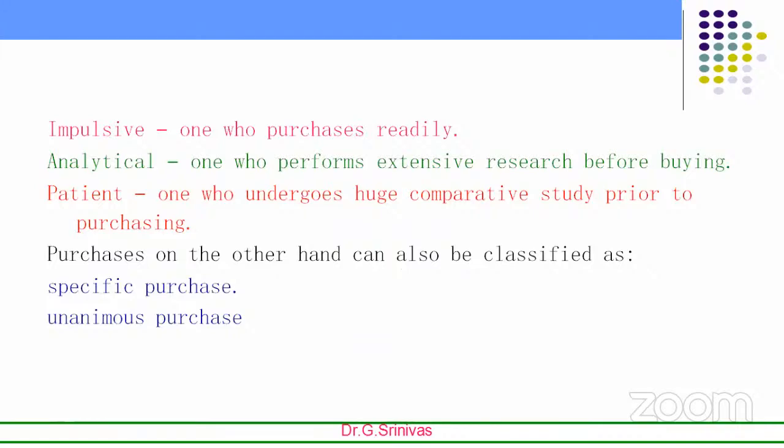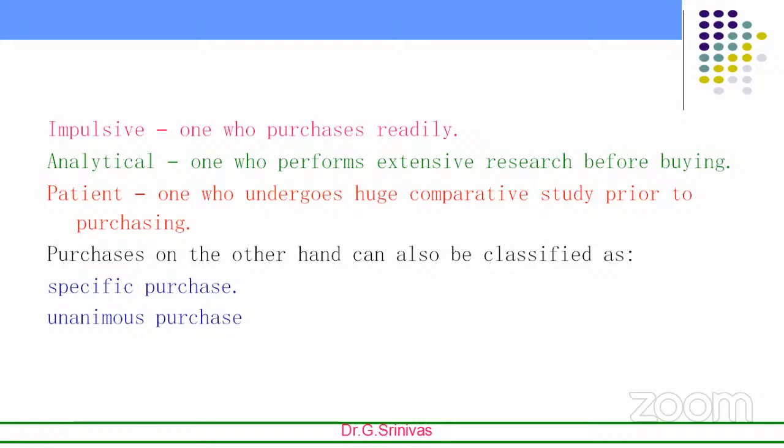See, before going to these, we have to know the different types of customers. One is impulsive. Impulsive means without planning, without preparing, they purchase any item readily. For example, I want to purchase a small phone.